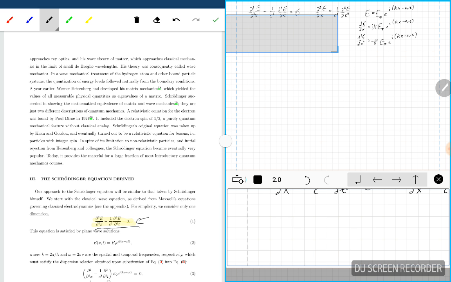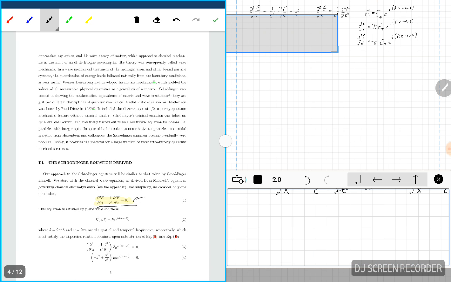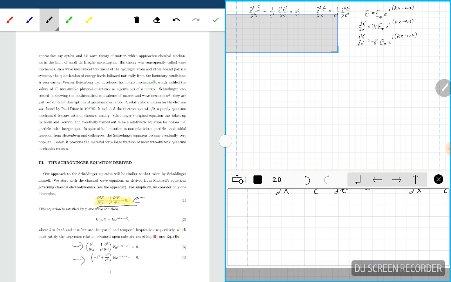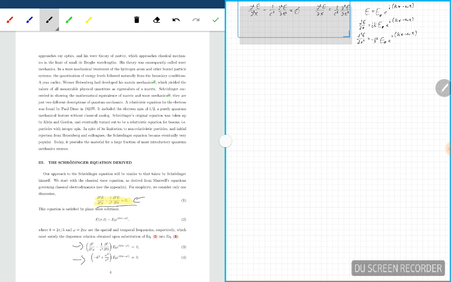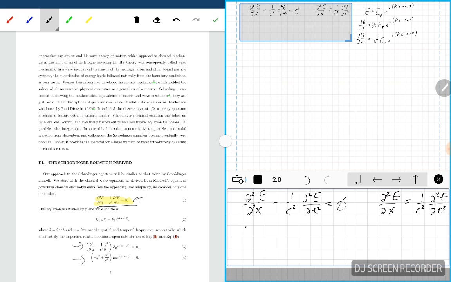Okay, then we can just work that one out a little bit by just plugging in that solution there. So now I'm just going to plug in what my solution is, and I will have this derivative here, minus 1 over c squared, and then this derivative here, times E naught e to the i(kx minus omega t), equals 0.